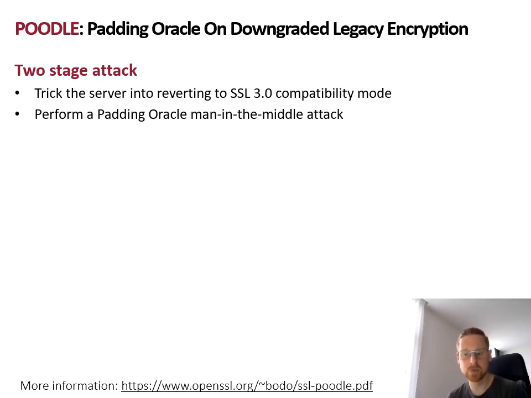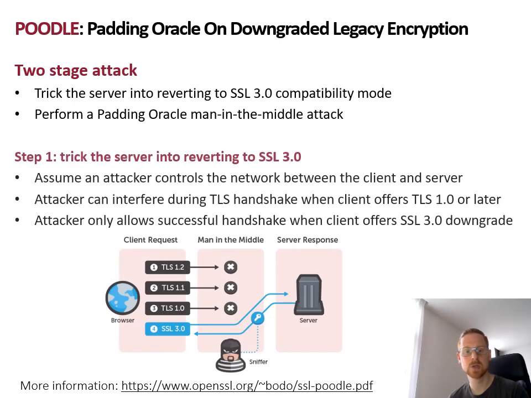So the attack consists of two stages. First, the attacker will act as a man in the middle and trick the server into reverting to this old version of SSL 3.0. And second, the attacker will actually perform the Poodle attack. So how does a man in the middle trick the server into using an old version of SSL? Well, the attacker can control the network between the client and the server and intercept any handshake messages where the client offers to use a newer version, such as TLS 1 or newer.